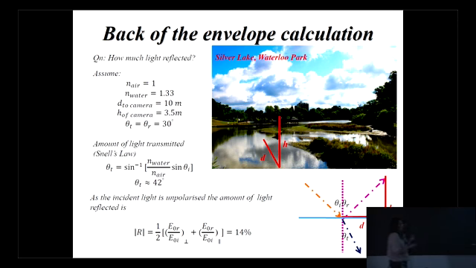My distance to my camera and the height of my camera are not going to be correct, as it is a back of envelope calculation. Assuming that the light coming from the sun is unpolarized, I calculated that 14% of that light is being reflected back to me. That is, assuming I've done my calculations correctly, of course, that could change. And I couldn't remember if I put my polarizing lens on or not, so that also might have changed.